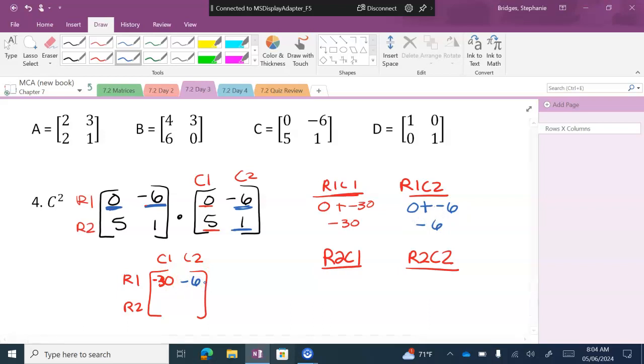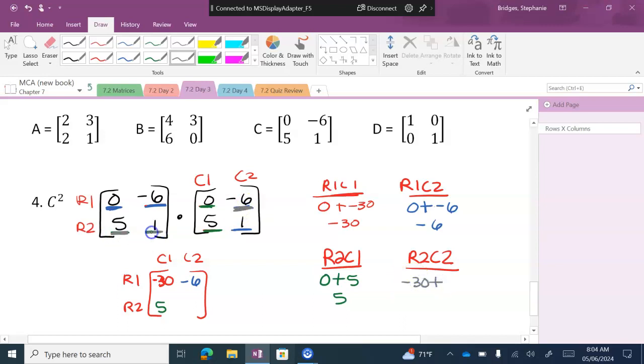Okay. All right, then we're going to go row 2. First terms, column 1, 5 times 0 is 0. Across and down, 1 times 5 is 5. That's going to give me 5. And then row 2, first term, 5 times column 2, first term, negative 6. It's negative 30.